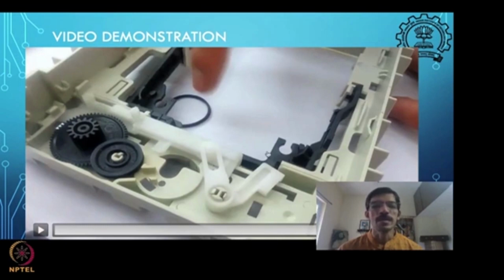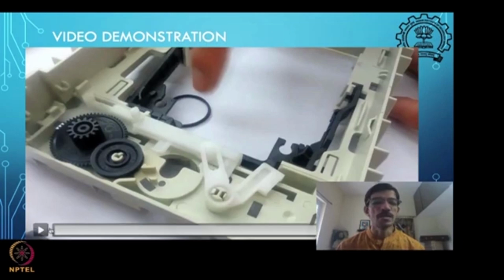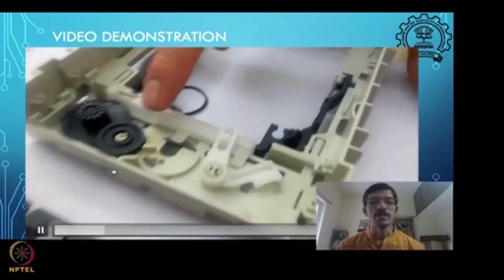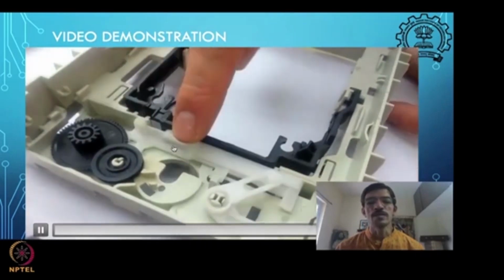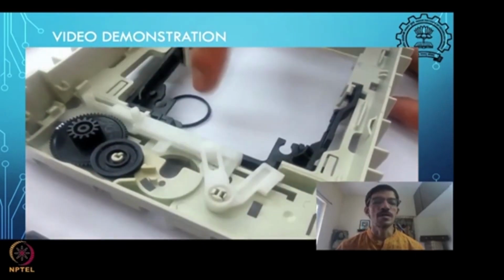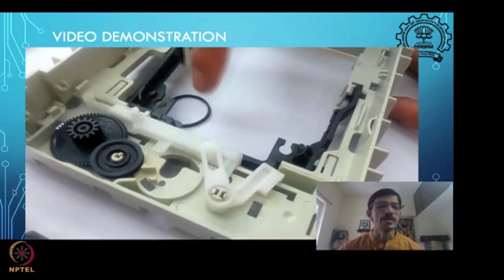This up and down motion is needed to unload the CD from the CD spinning motor. When it is pushed on this side, the CD is loaded, and in the other direction the CD will get unloaded. So that is the system for that.